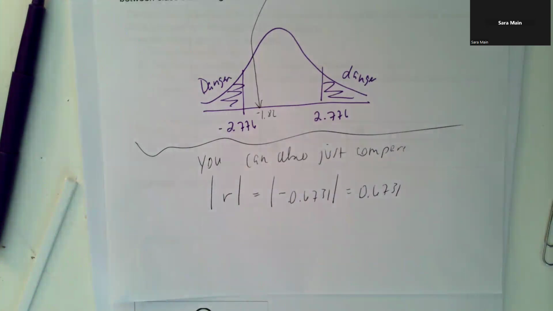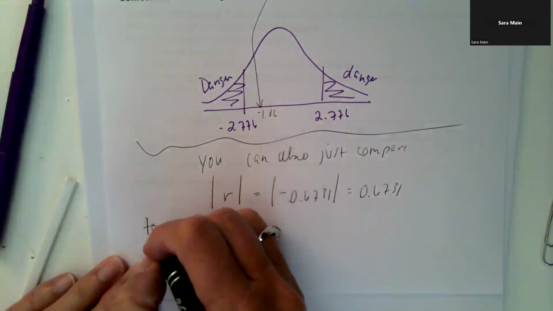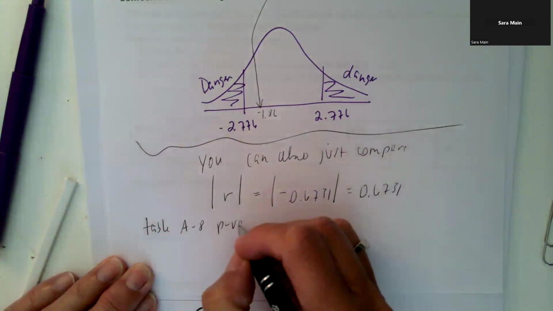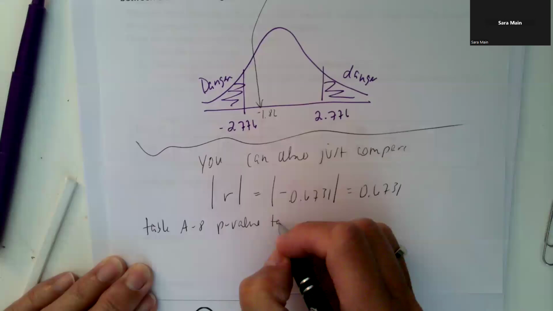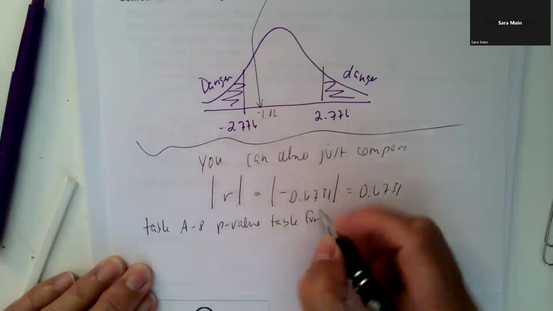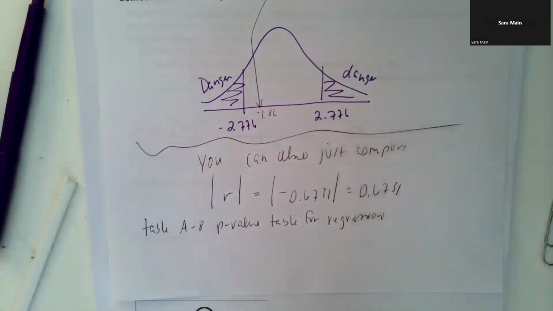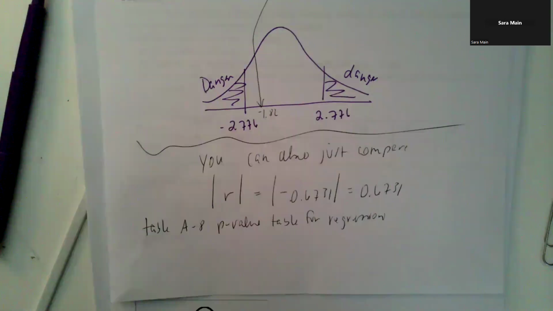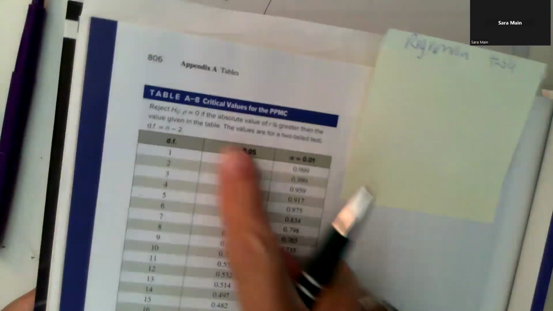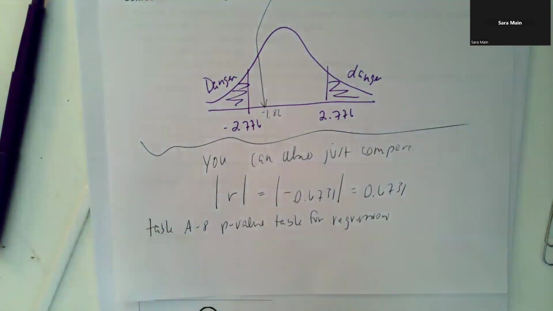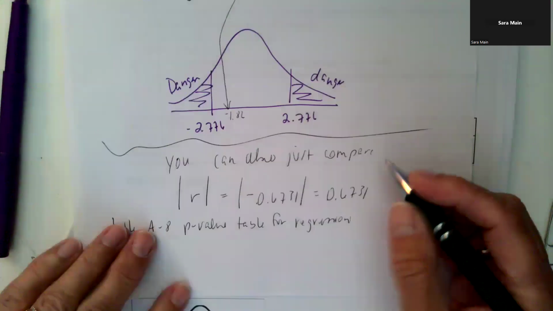So this table A8 is like a p-value table for regression. Okay, so that's where we went to the table A8, pardon me, at 0.05 and 4. And so our p-value is 0.811 that we're looking at.